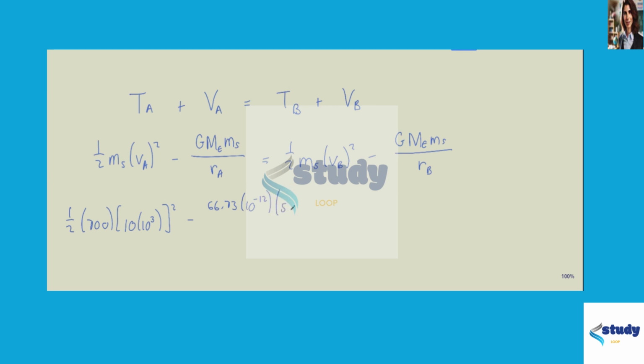The mass of the Earth we are given as 5.976 times 10 to the power 24 kg, times the mass of the satellite, which is 700. This is all over the separation at Ra, which is 15 times 10 to the power 6 meters.